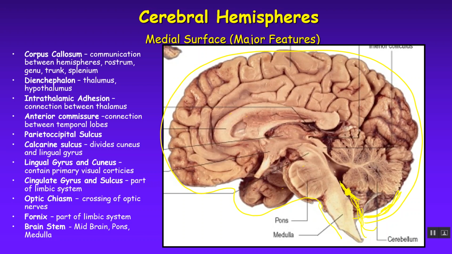This is the median aperture, the foramen of Magendie, because it's in the middle, an opening. And then you have the foramina of Luschka, or the lateral apertures. So Luschka, lateral; Magendi, median. The lateral apertures are the two holes on the lateral side of the cerebellum, also kind of an underneath surface, that also let the cerebrospinal fluid out.